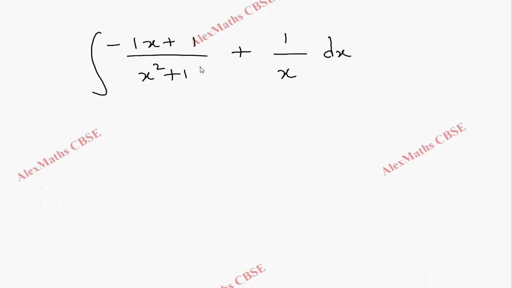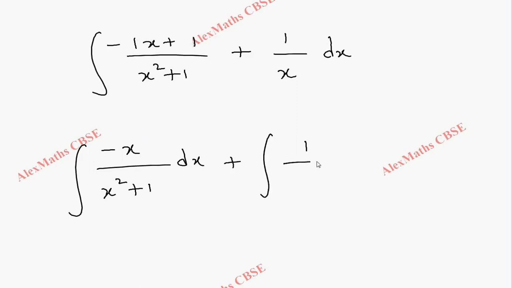Now this has to be split into two parts: minus x by x square plus 1 dx, this is one integration, and the second part is 1 by x square plus 1 into dx, and the last part is integral 1 by x dx.